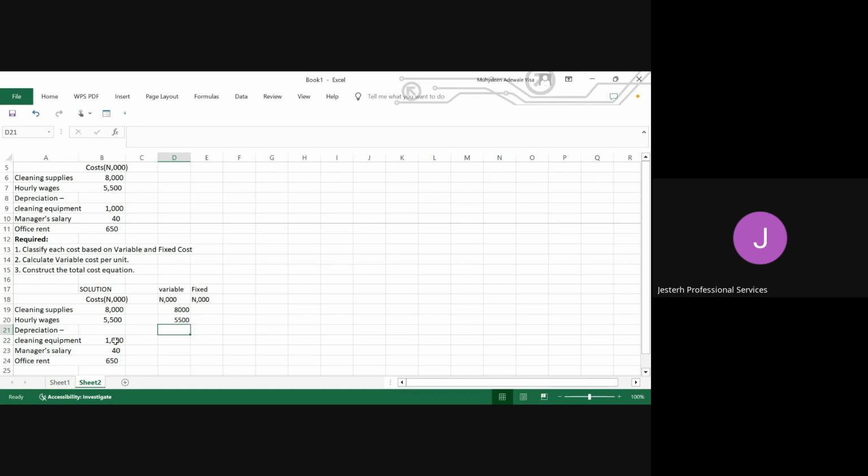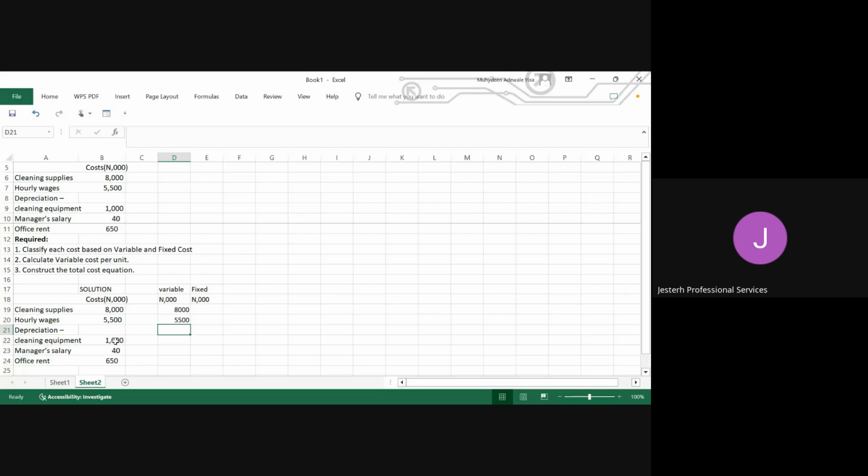Now, the next one is cleaning equipment. What does that mean? It means the equipment that they are using. It can be maybe the washing machine, or the generator that they are using.